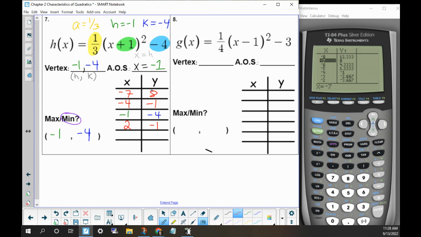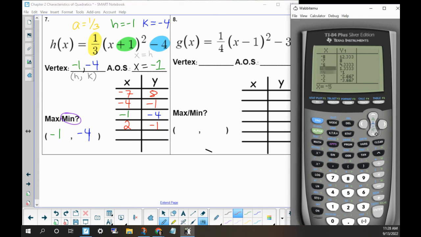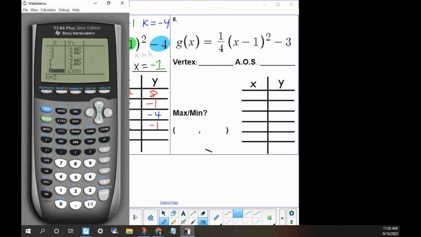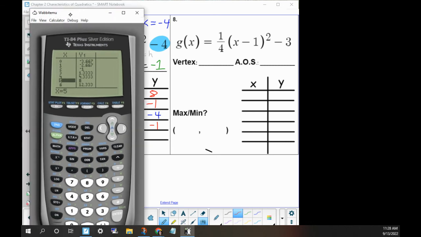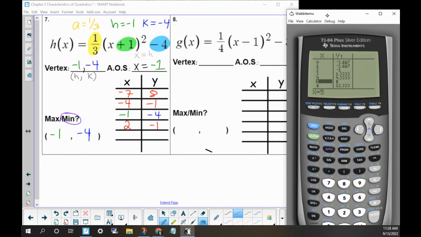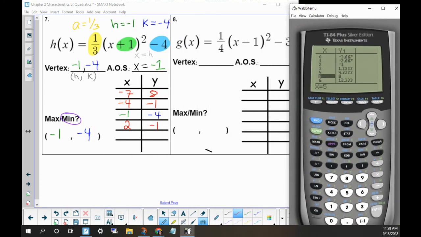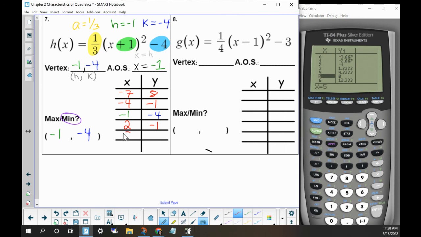And then I'm going to go down, and I see 5 and 8 is another pair that I can use, that are whole numbers. And then I would be able to graph those.